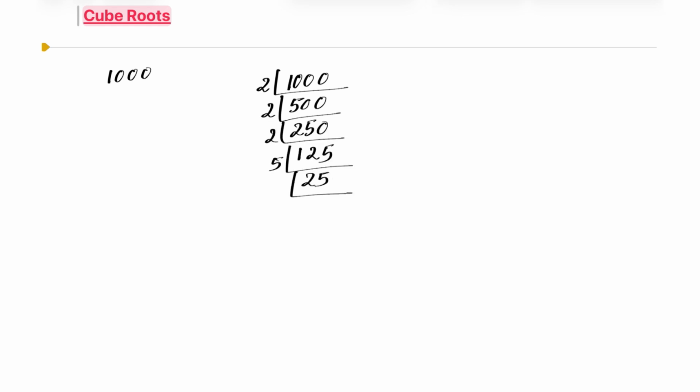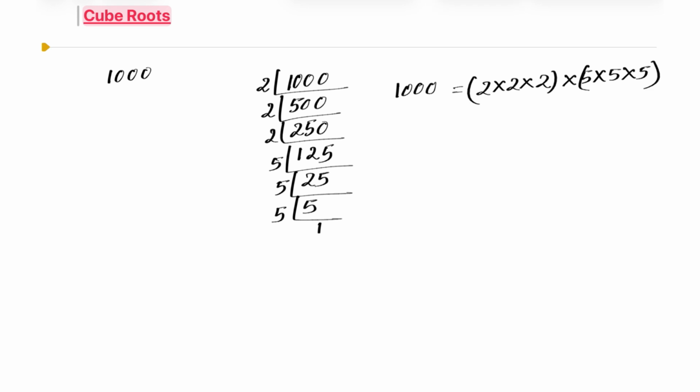Next, we will find out the cube root of 1000. First, we will do prime factorization of 1000. It is 2 into 2 into 2 into 5 into 5 into 5. You can see in this case, prime factors can be grouped into triplets.